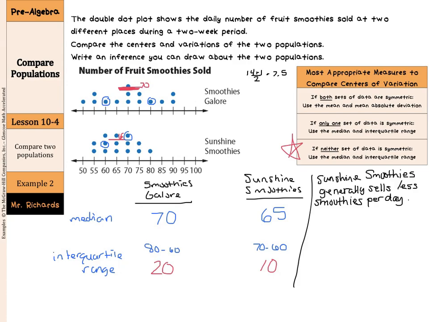Now, if we look at the variation, Sunshine Smoothies interquartile range is only 10 compared to interquartile range of 20 for Smoothies Galore. So we can point that out. There is less variation at Sunshine Smoothies.